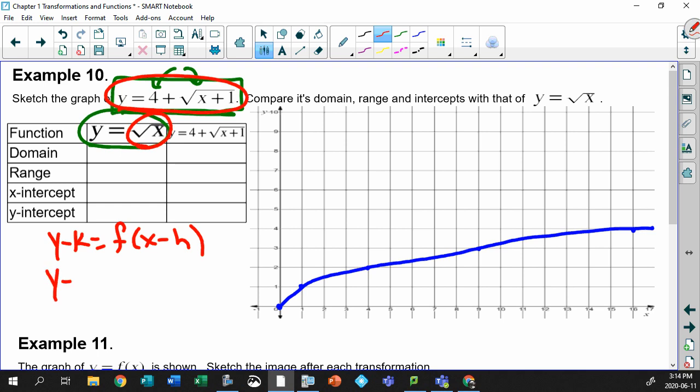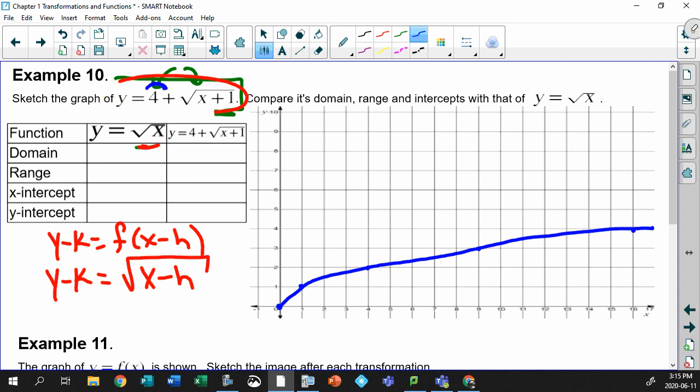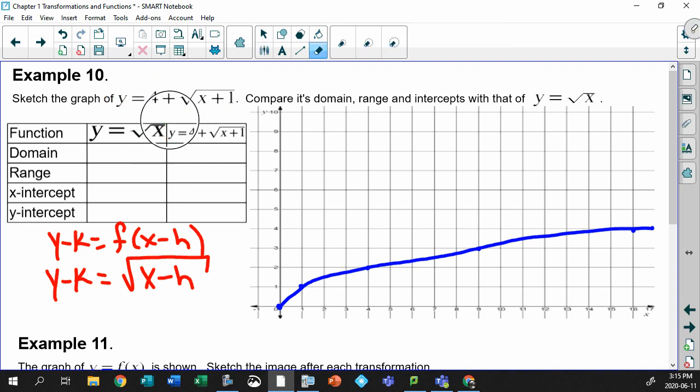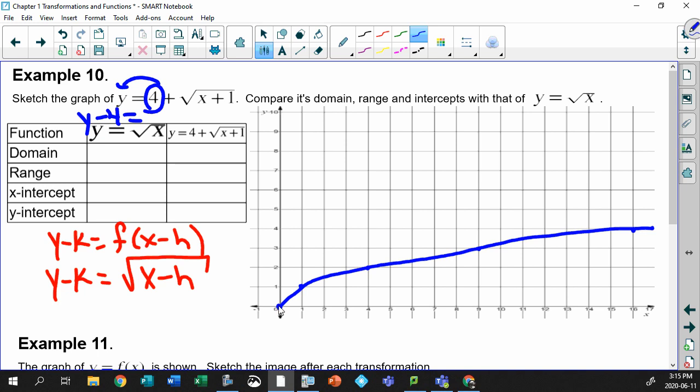So y minus k equals the function, which is radical, x minus h. Oh, perfect. Let's substitute these values in. Bring this 4 over. Let me clean this up so you can see it a little better here. There we go. So this is y minus 4 equals the square root of x plus 1.